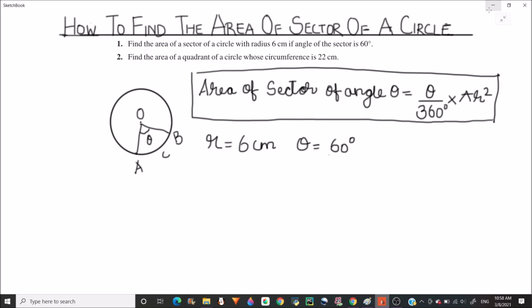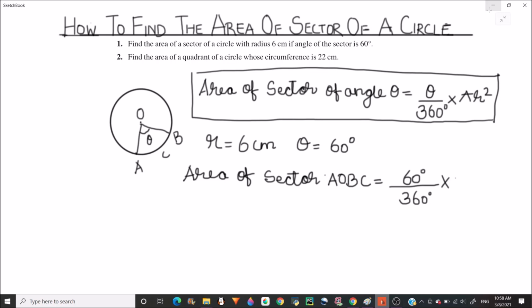So by putting these values in the formula, we get area of sector AOBC as theta, which is 60 degrees over 360 degree times pi, which is 22 over 7 times r square, which is 6 times 6.